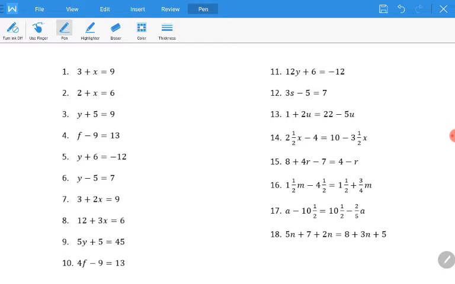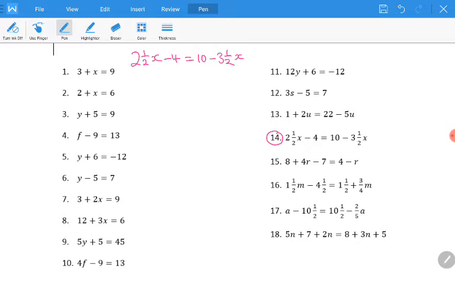Let's look at question number 14, which is looking a bit complicated, but it is not. Question number 14 is 2.5x minus 4 is equal to 10 minus 3.5x.